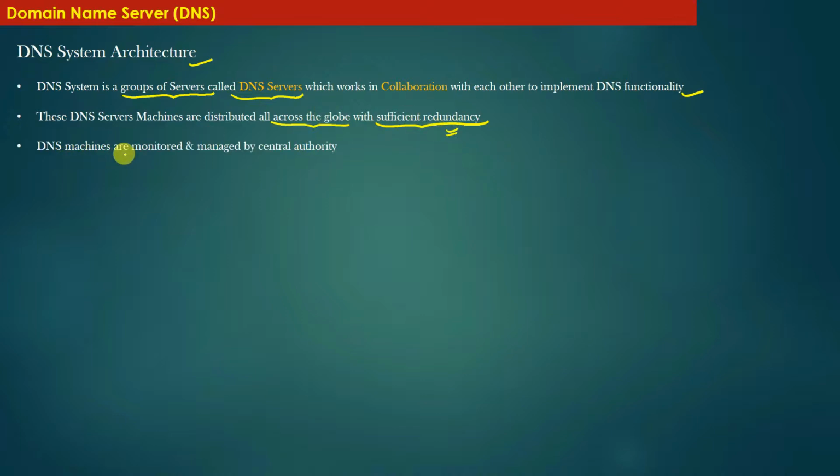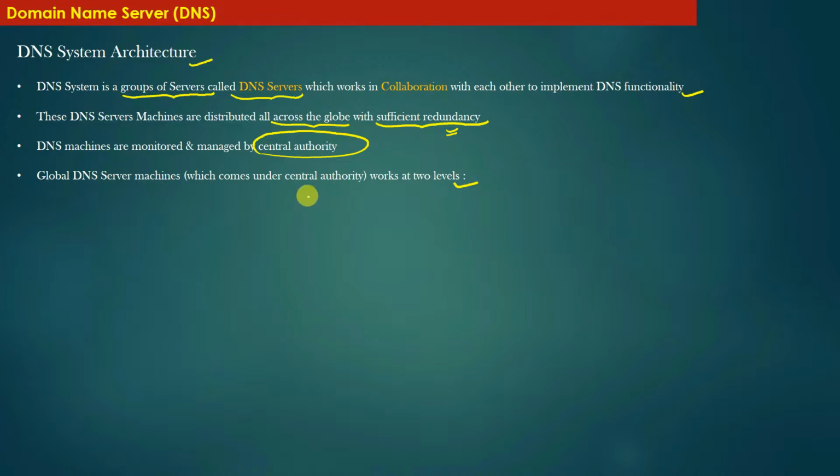DNS machines are monitored and managed by a central authority, right? So global DNS server machines, which come under central authority, work at two levels. The first level is the root level. DNS servers which work at the root level are called root DNS servers. You can see here a root DNS server.